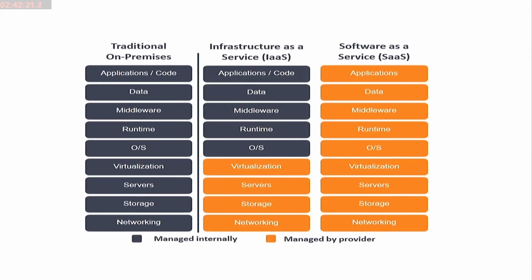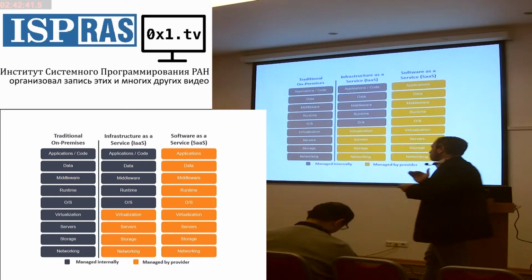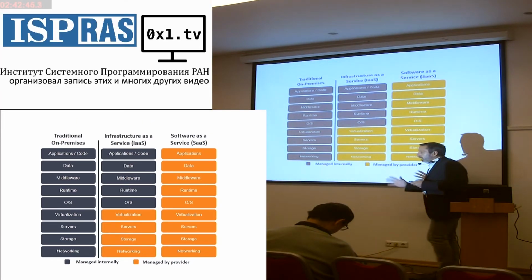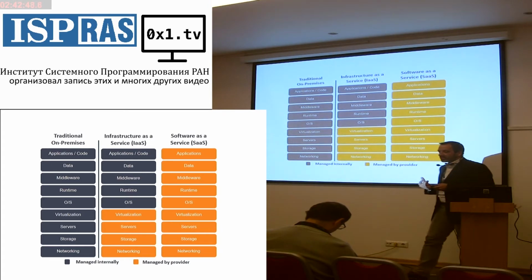But as the application needs to be customized or tailored to specific needs, it might not fulfill all the requirements of all the companies. So some people decided that instead of externalizing all the application, maybe they only have to externalize something that is really complex, which is everything about the hardware and the virtualization.